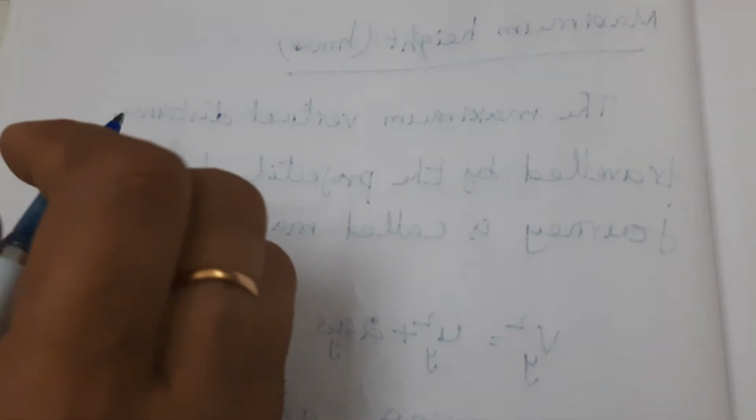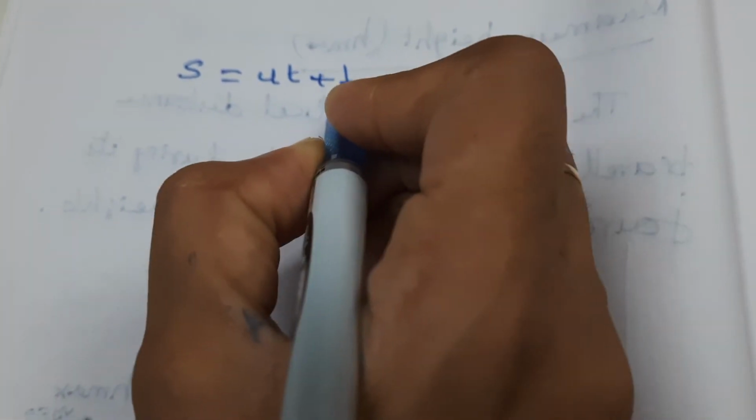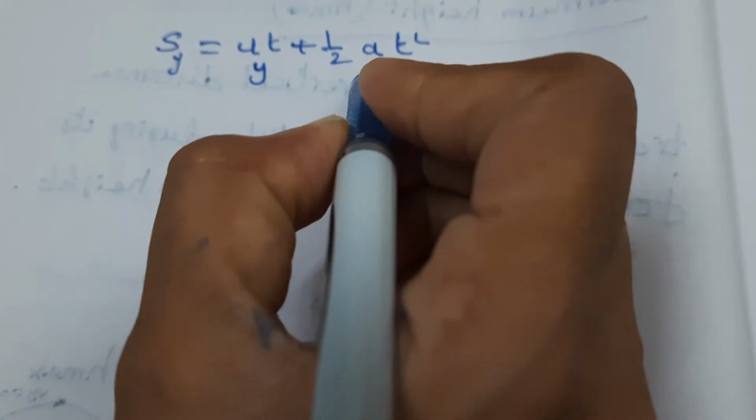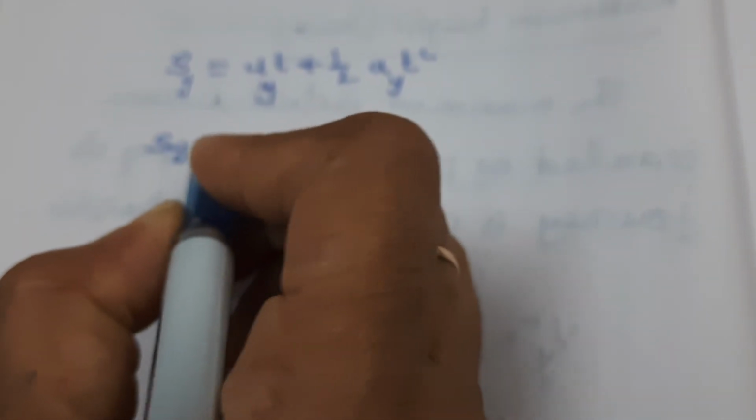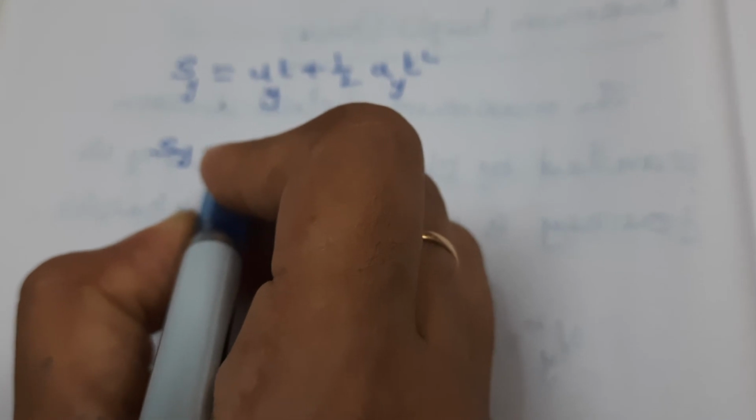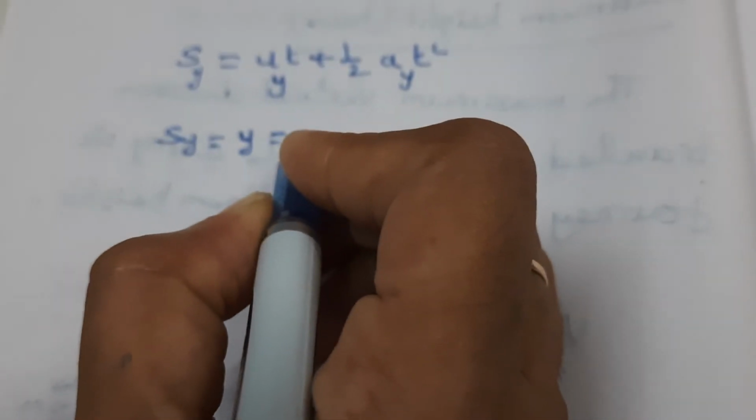So time of flight we can obtain by using the relation S = ut + half at squared. We are using the vertical component: Sy = uy t + half ay t squared. So Sy, that is y, is equal to 0. Why is it 0?